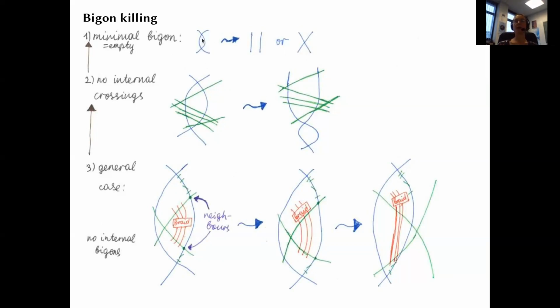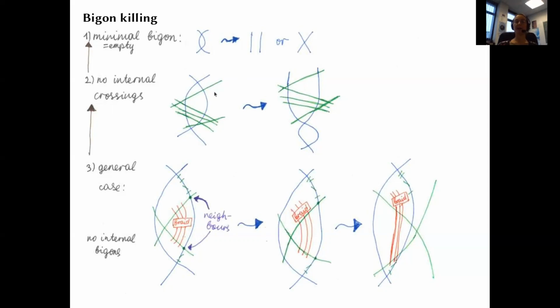As usual, when I draw diagrams, I mean that outside these diagrams, there can be very different things happening, but I'm just looking at some local picture. Now the second case is when you have this bigon, which is not empty. It can be intersected by some other strands, which I have drawn in green, but there are no crossings inside this bigon.